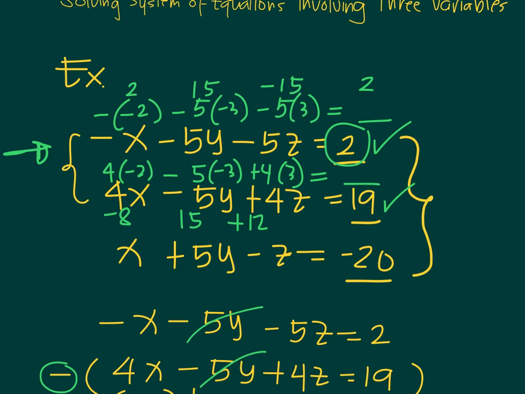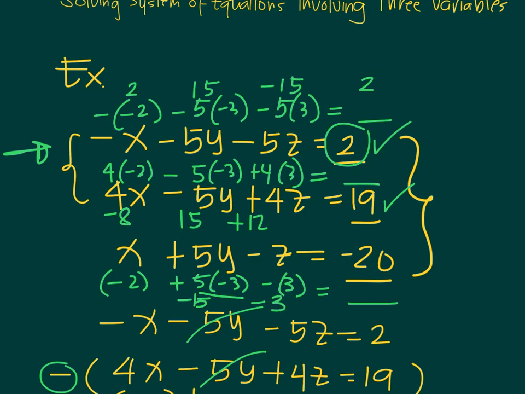And finally, you check on the third equation. You have negative 2 plus 5 times negative 3 minus positive 3, because it is z equals 3, and you check if the outcome will be negative 20. So negative 2 plus 5 times negative 3 is negative 15, and then minus 3.